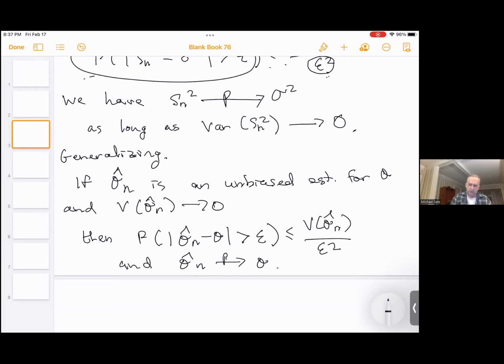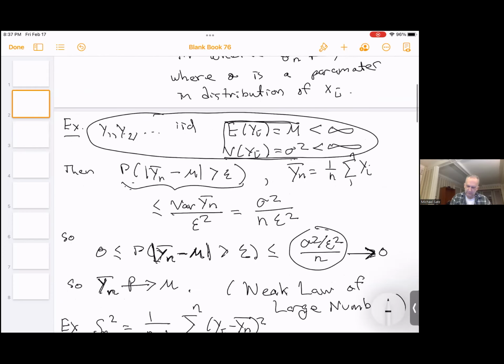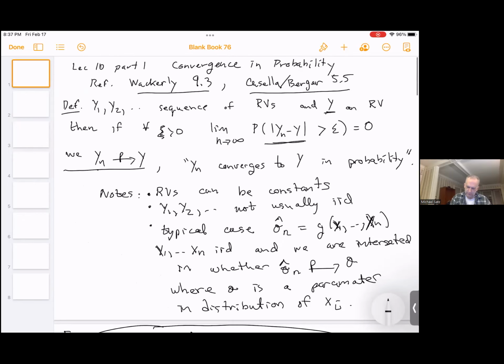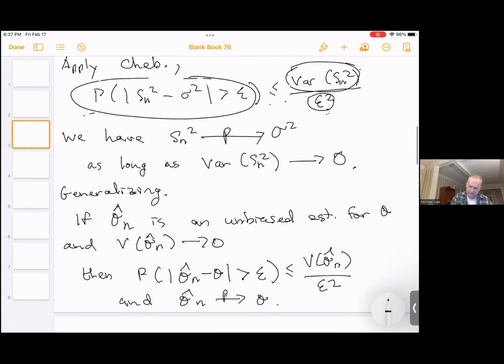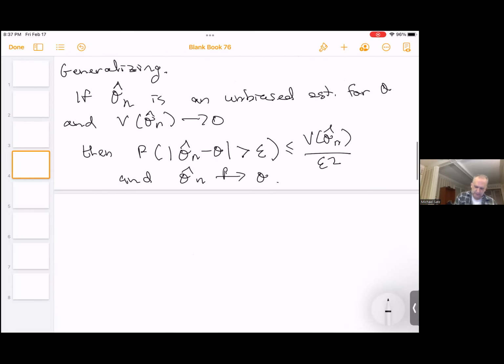Or the other word is, did we write this up here? I can't remember. In this case, when it is an estimator, we have an equivalent way of saying it.